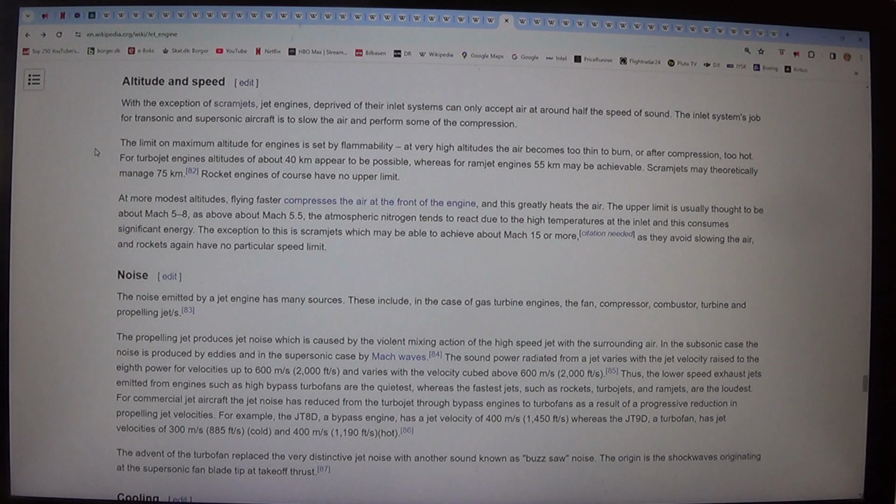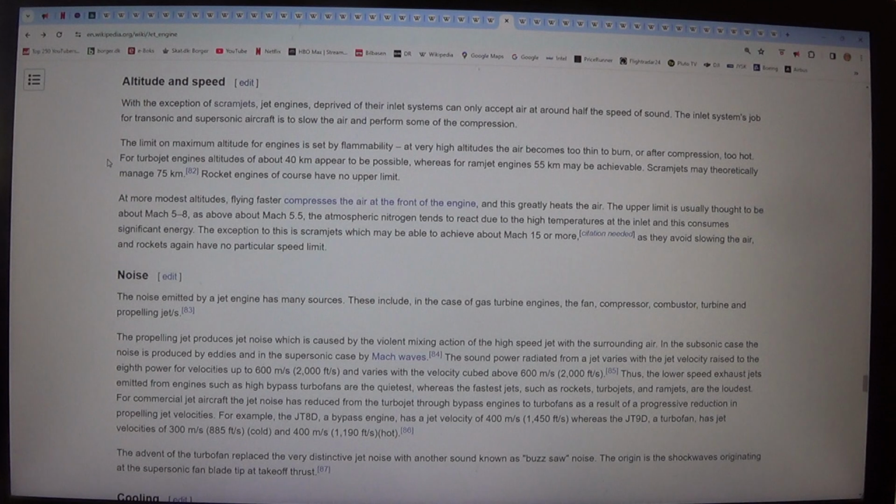At very high altitudes the air becomes too thin to burn, or after compression, too hot. For turbojet engines altitudes of about 40 km appear to be possible, whereas for ramjet engines 55 km may be achievable. Scramjets may theoretically manage 75 km. Rocket engines of course have no upper limit.